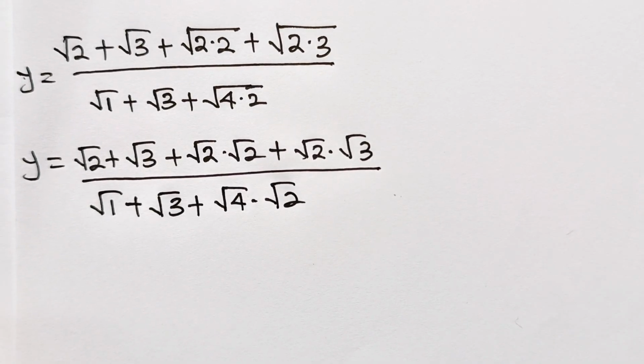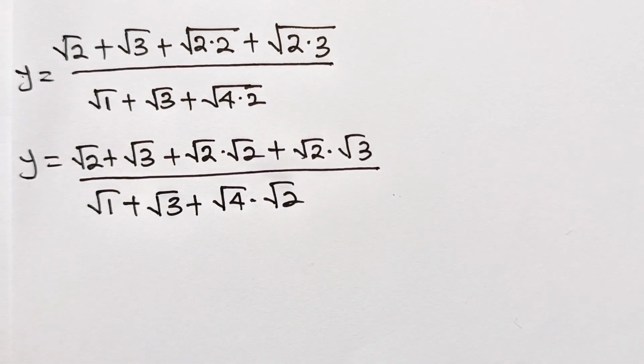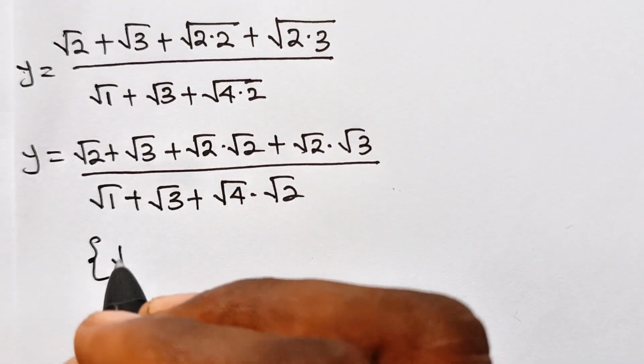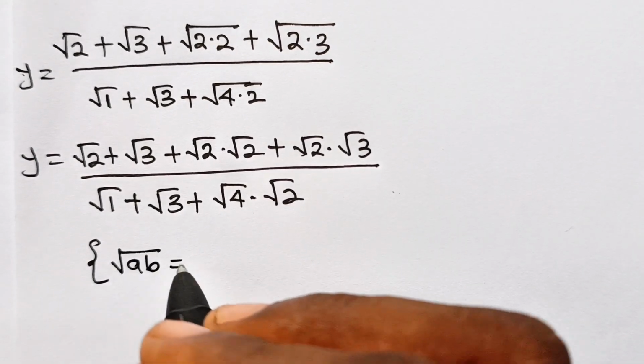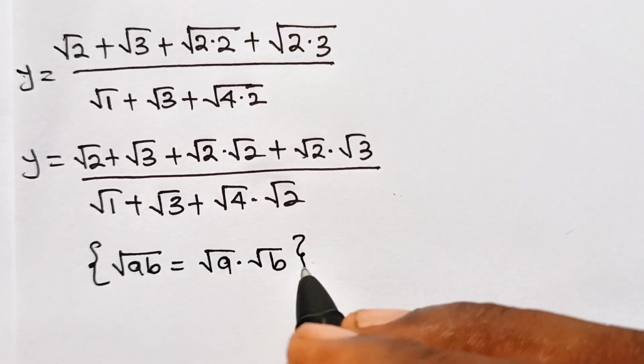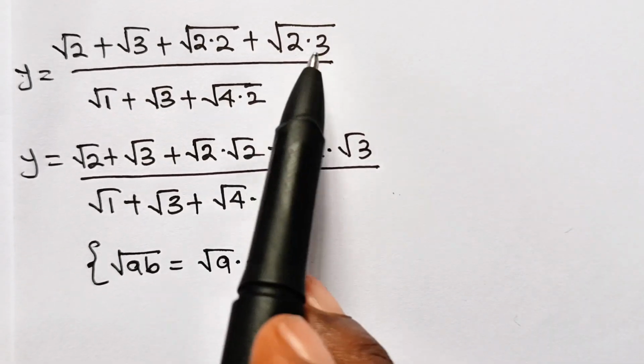Now we are making use of this particular algebra rule, which states that root a multiplied by b is equal to root a multiplied by root b. So that is why we can separate this and that.